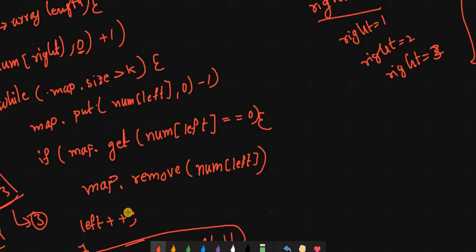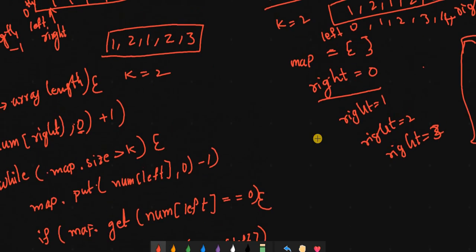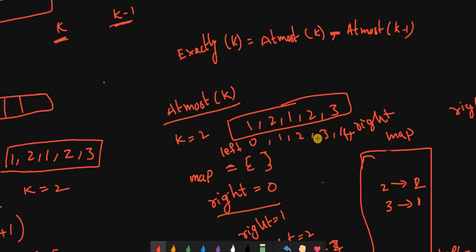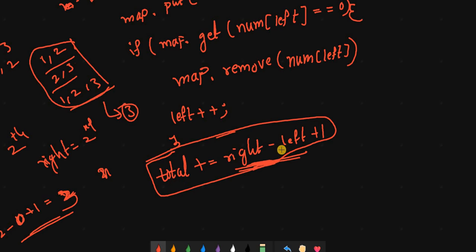Next, after removing the element, what we have to do? We have to increment the left index. Now this one is removed from the map. Next, this left variable points to the second element, I mean 2. Then now what we have to do? We have to find the total.